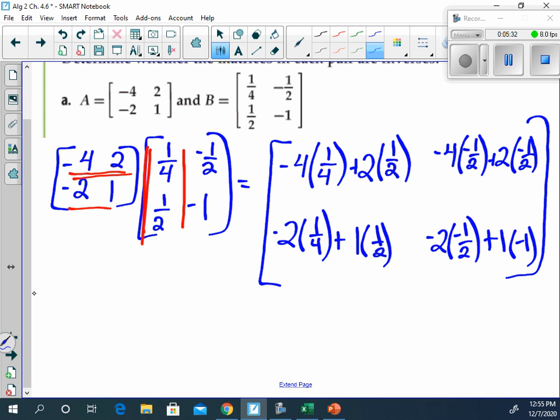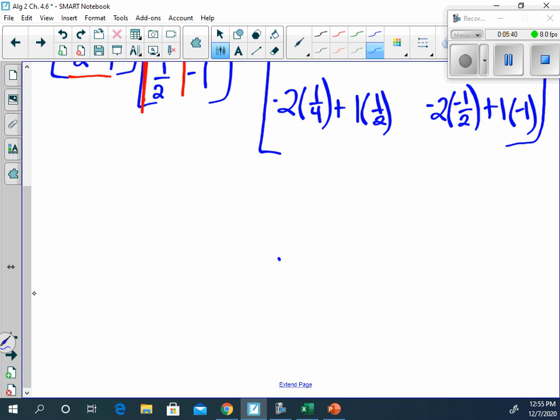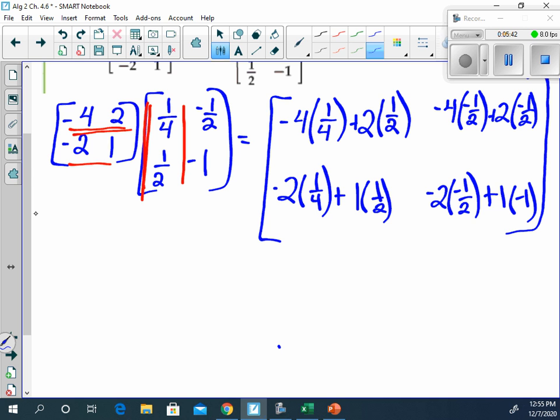So far all we've done is multiply these two together. And what we're hoping to get is the identity matrix, because if I can get the identity matrix, then these two matrices can be inverses. Now, -4 times 1/4 is going to be -1. And 2 times 1/2 is going to be plus 1. Our next one, -4 times -1/2 is going to give us 2.